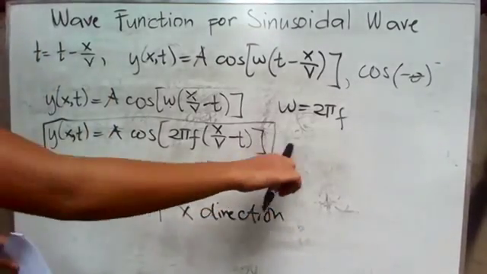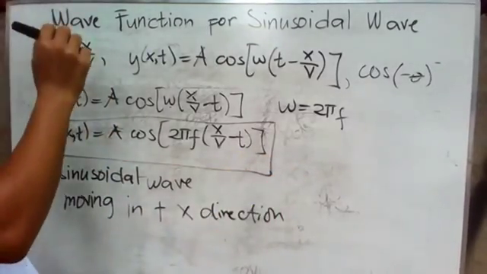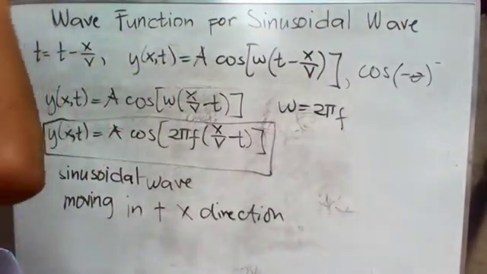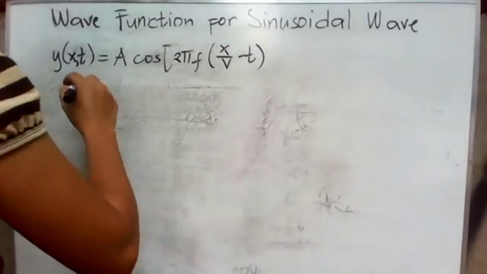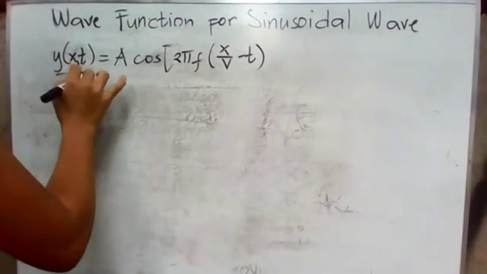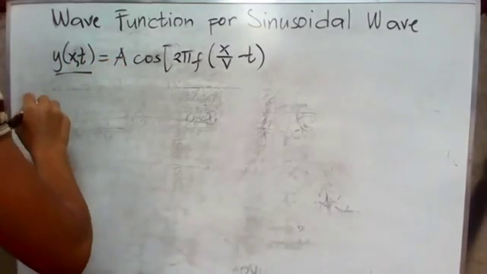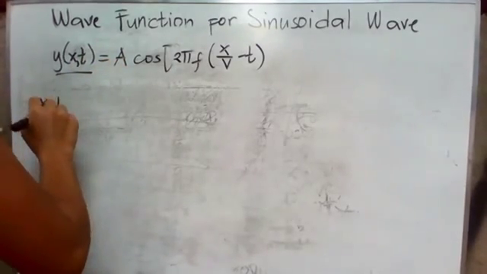So we can use this equation if the wave moves along the positive x direction. Now the displacement y(x,t) is a function of both location x and time.